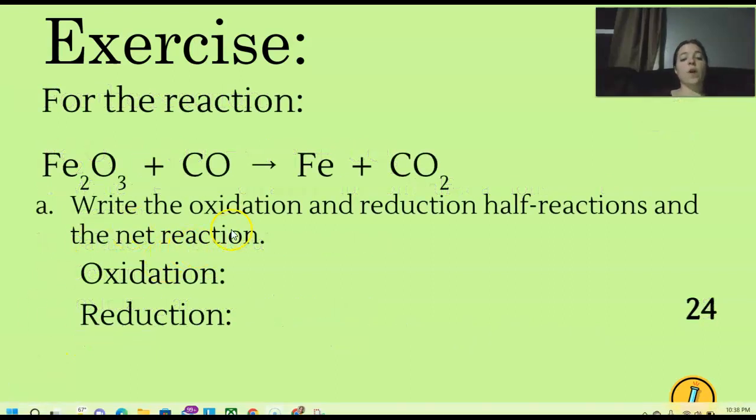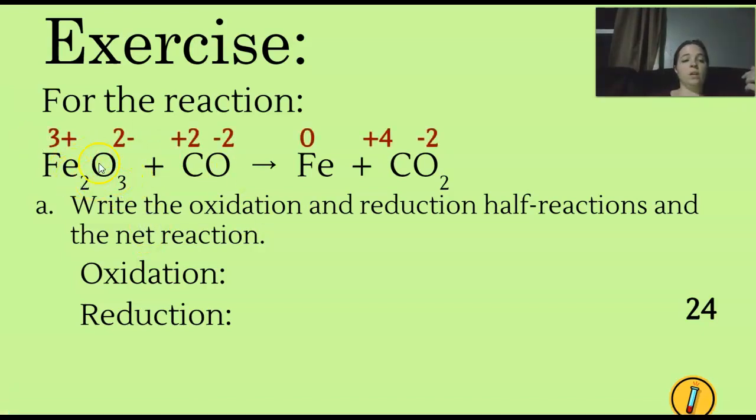Okay, so let's figure out what reduces and what doesn't. First, let's get the oxidation states and plug those in. We've got 3, 2, 2, 2, 0, 4, and 2. So we've got 3+ to 0, and 2- for the oxygens. Oxygens don't matter.